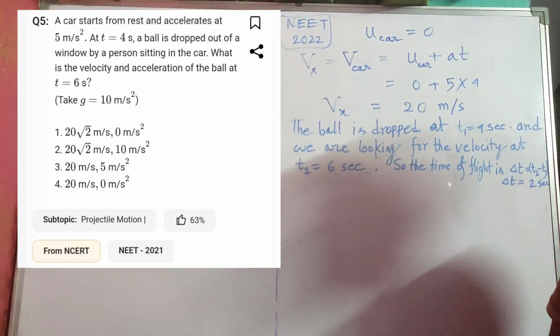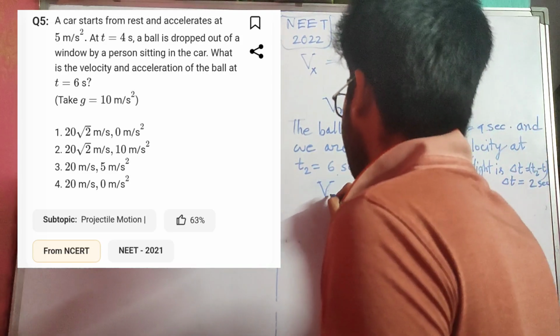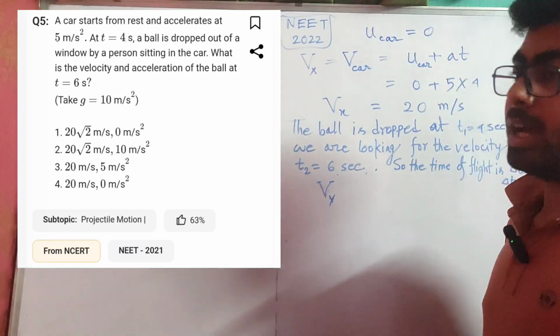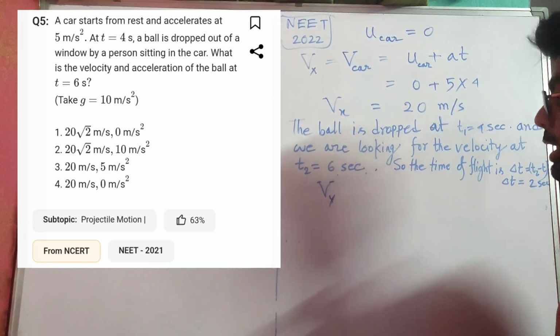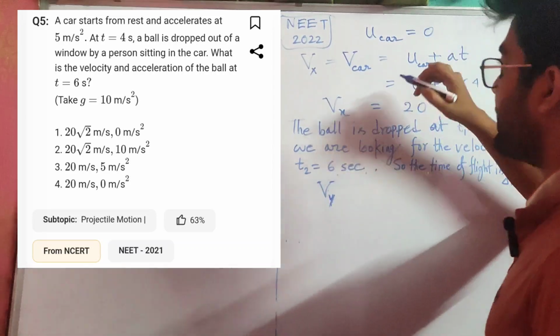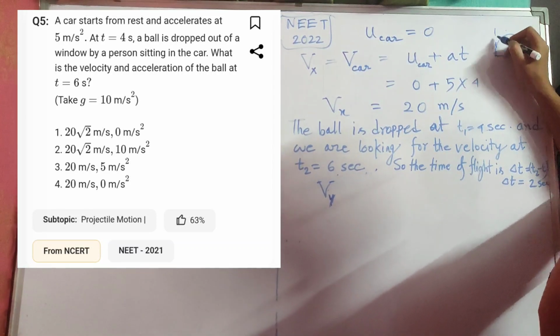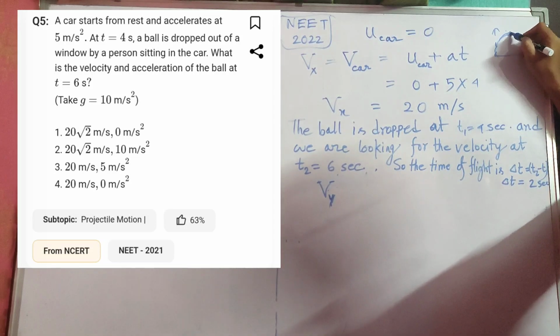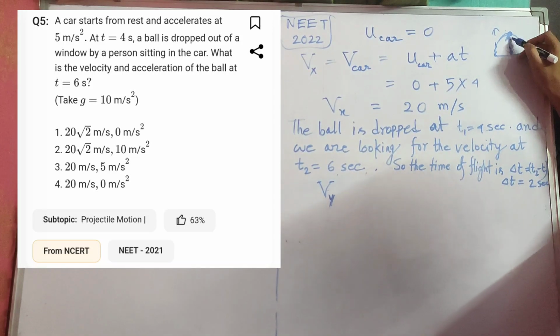The time of projectile motion is 2 seconds. Along the x-axis the velocity is always constant, 20 meters per second, and along the y-axis the ball is in flight.